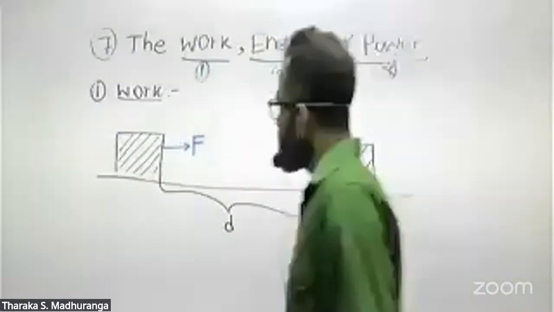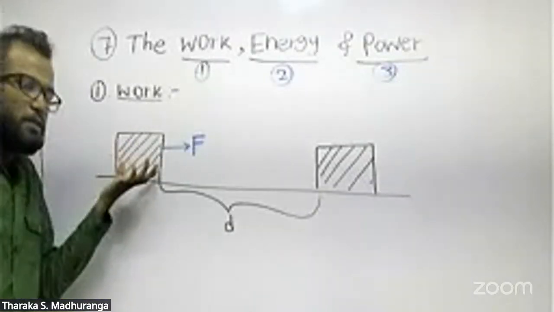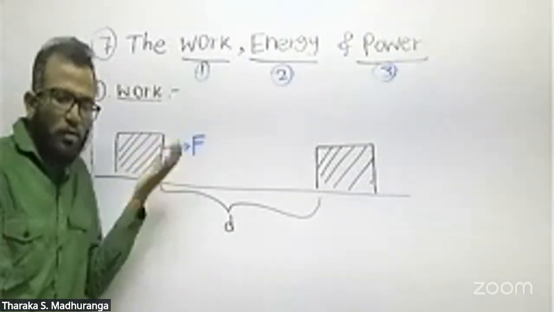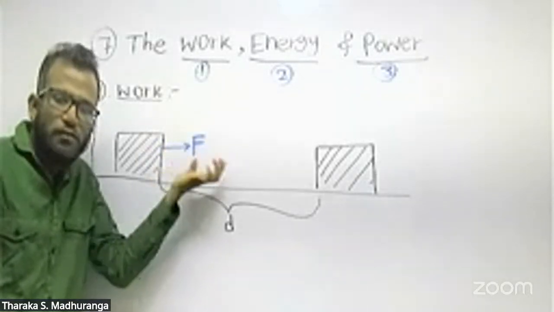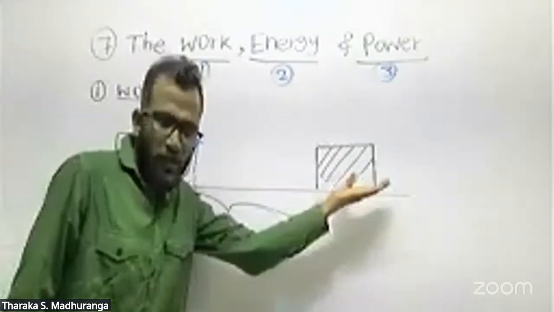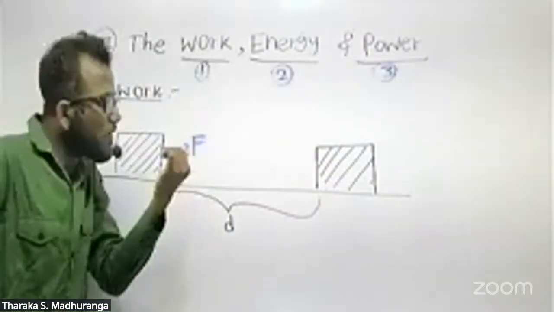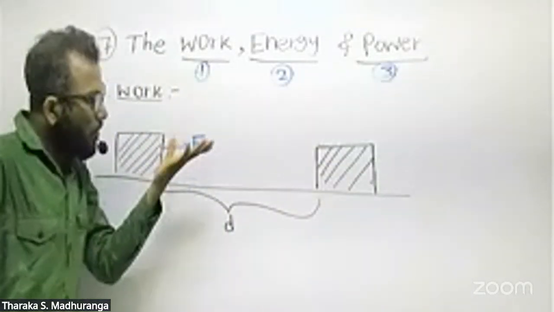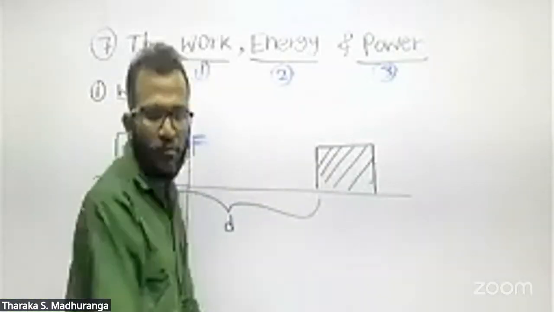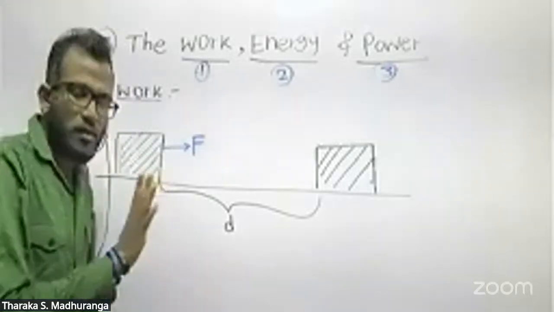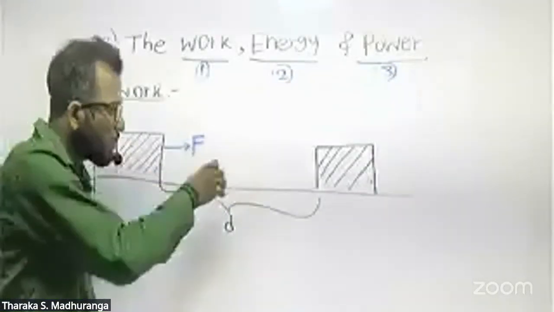Okay, you can see this is an object on any surface. When we provide an external force, it is moving in the force direction. Then after some time, it has some displacement, that means it has moved from this point to this point.